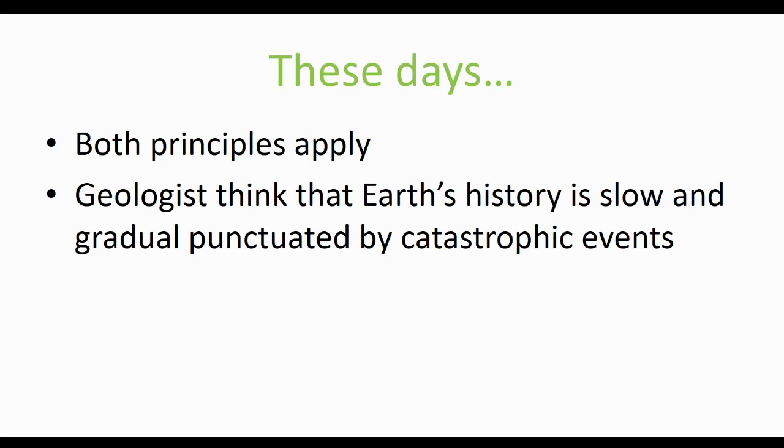What that means is that most of our features on the Earth can be explained through uniformitarianism, but some features can still be formed by catastrophes like earthquakes, landslides, floods, volcanic eruptions, and asteroid impacts.